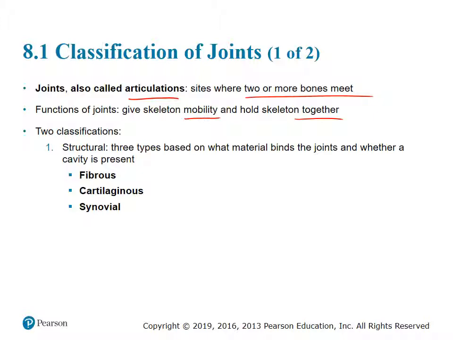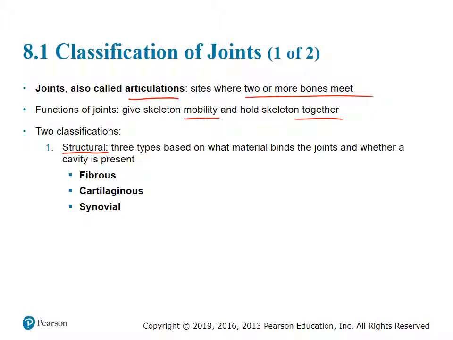Now, when we start taking a look at joints, we'll see that there are many different types of joints, and we have names for each one. You'll be responsible for looking at the types of classification as far as the structure and the function, and these names that we use to describe them. The first one we'll talk about is the classification based on structure.